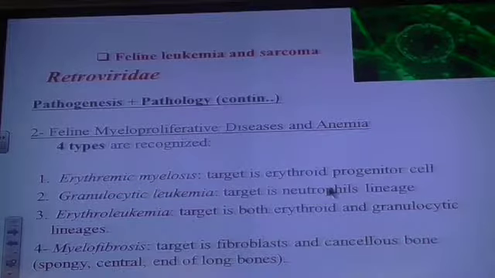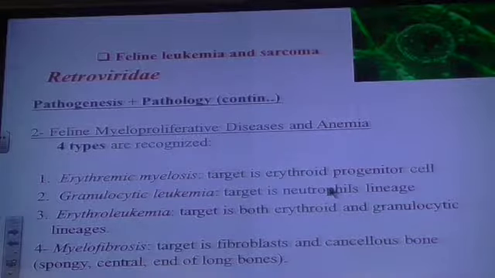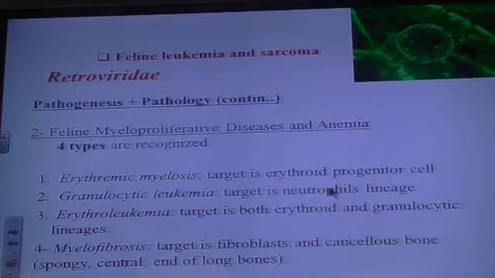Granulocytic leukemia targets cells which have granules. And which cells have granules? Neutrophils, basophils, etc. Erythroleukemia targets both leukocytes and red blood cell progenitors. And finally, myelofibrosis, which targets fibroblasts. So those are, if you want, the cells that are targeted, and those that are responsible for the anemia, immunosuppression, and cancer.